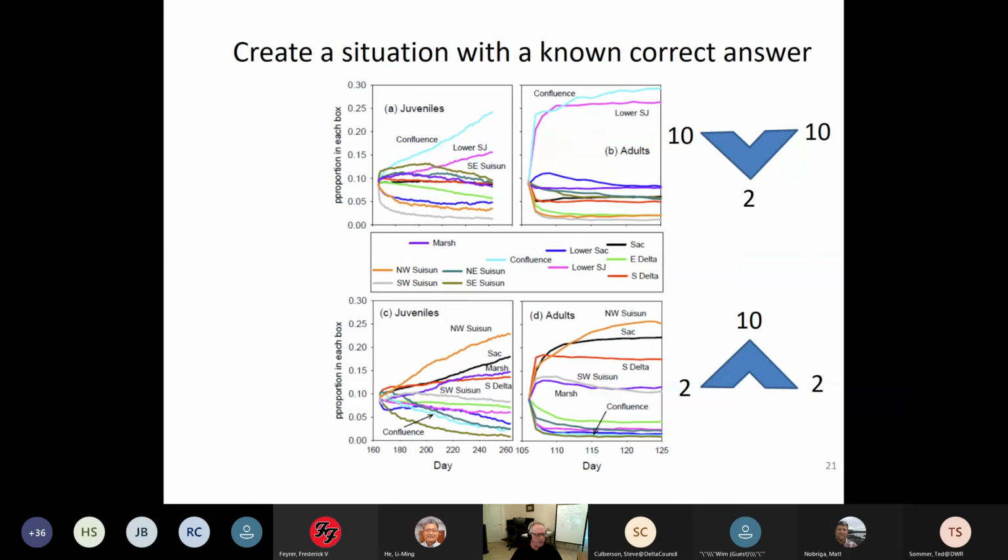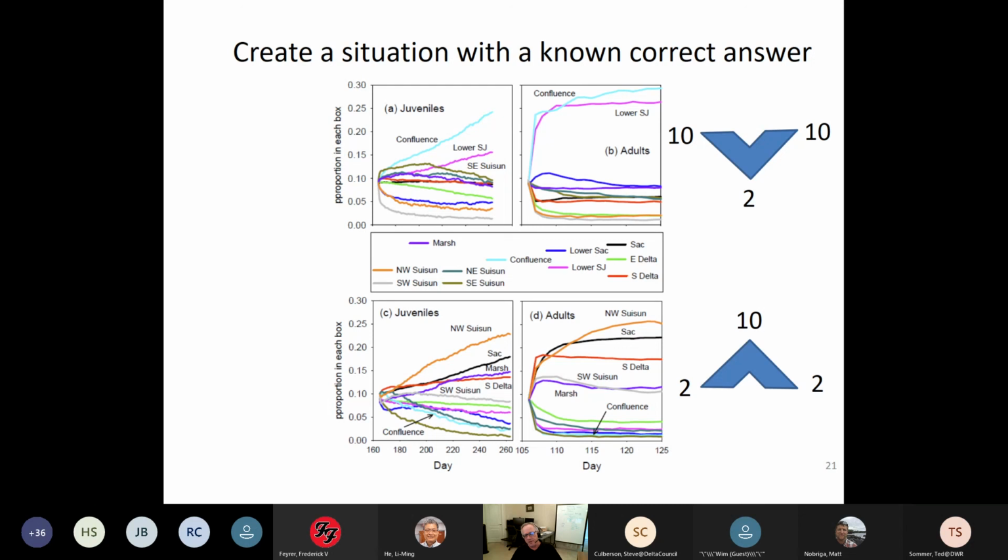How do we calibrate the movement? So the way I do algorithms is I not only check it line by line, but I give it a problem where I know the right answer, and it should generate that.